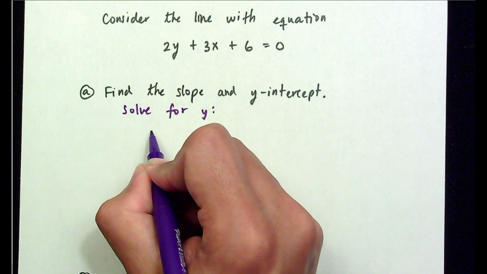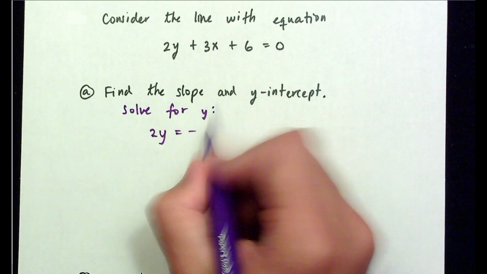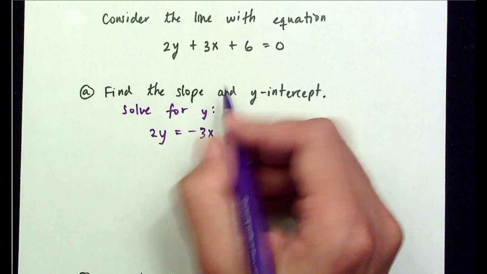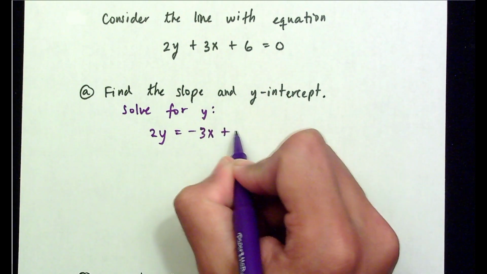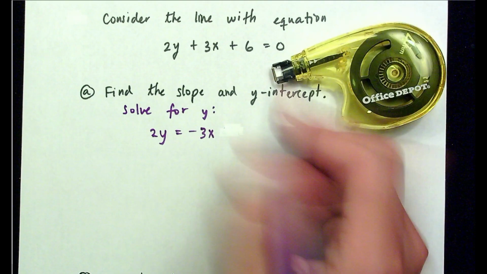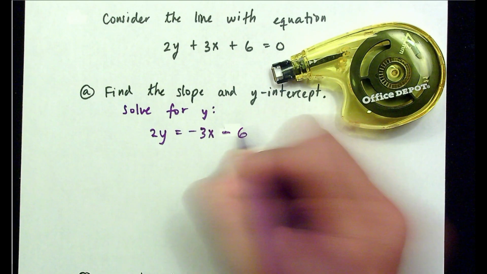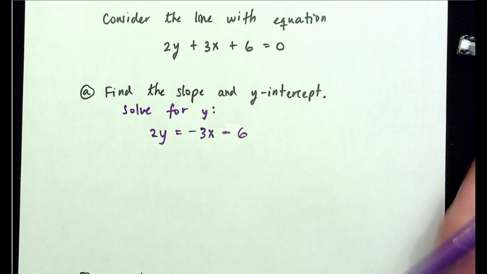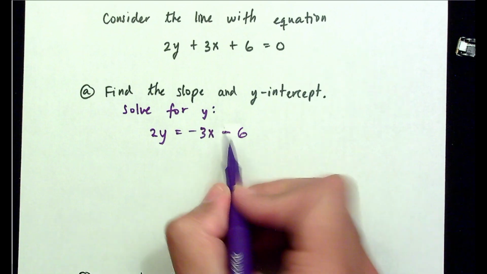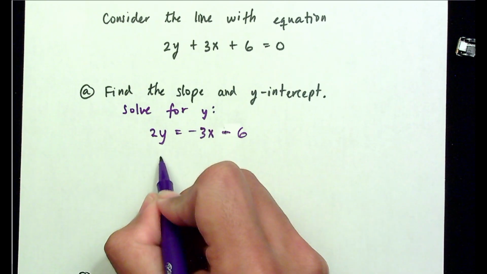So we're going to get 2y equals, moving the 3x to the other side, this is going to become negative 3x. Moving the 6 to the other side is going to become minus 6. Now, finally, to get the y all by itself, divide by 2.